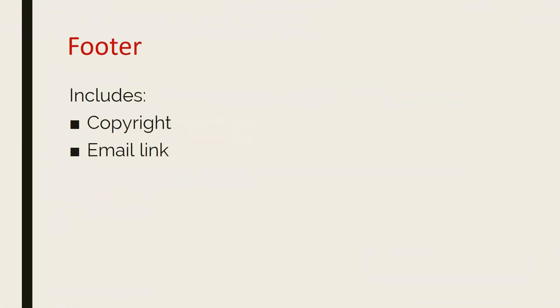Okay, footer. That includes copyright and email link. Don't make these two things harder than they are. They're really easy. I'm going to show you under the insert drop-down box. You're going to go to insert, HTML, symbols, copyright for the little copyright symbol. And there are two different insert options that you can use.